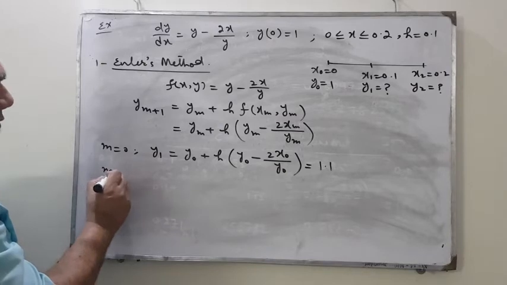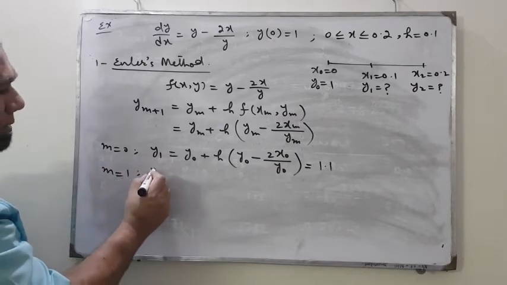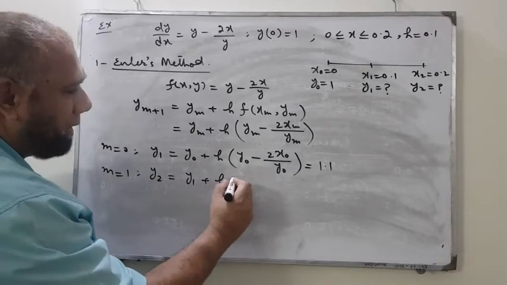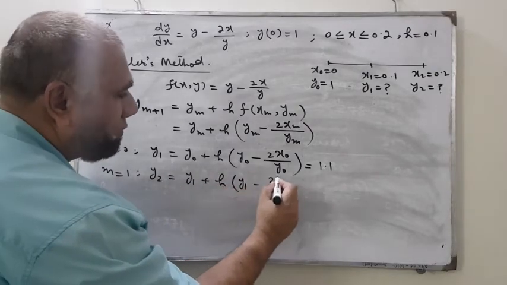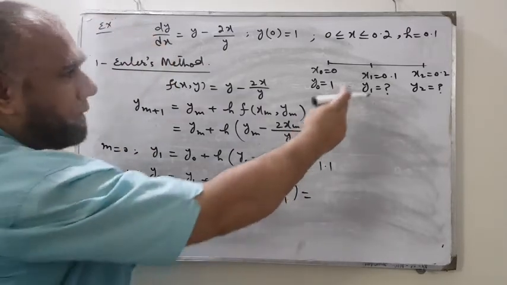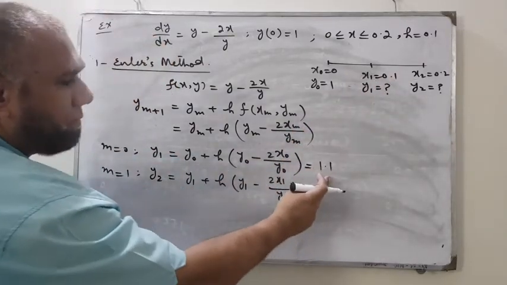Similarly, for the next value, y2 equals y1 plus h times y1 minus 2x1 over y1. x1 is 0.1 and y1 we have just calculated.